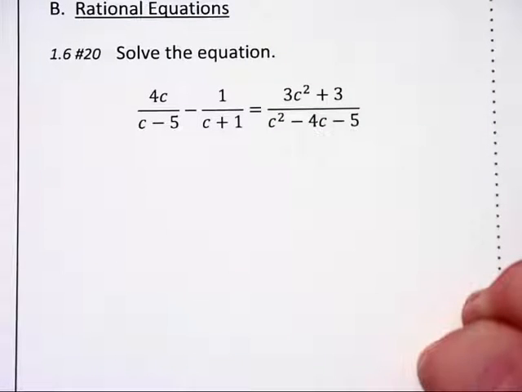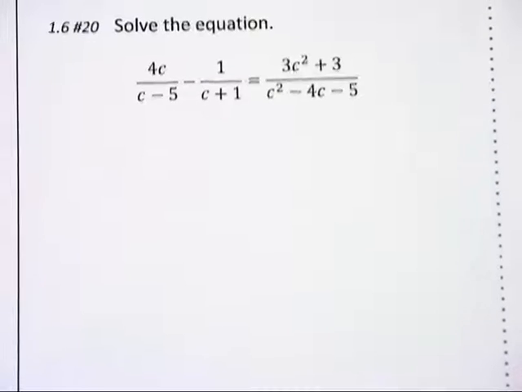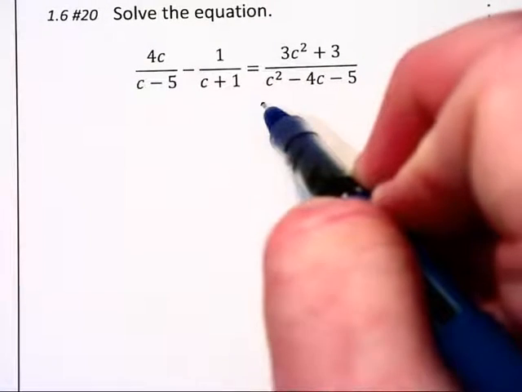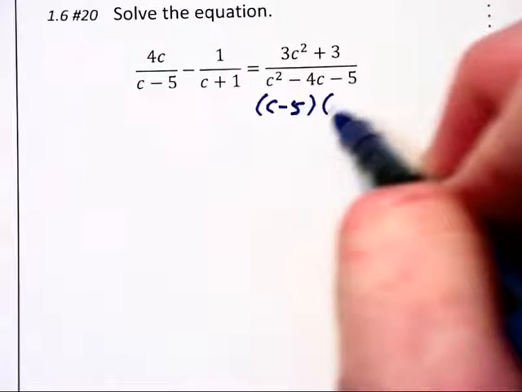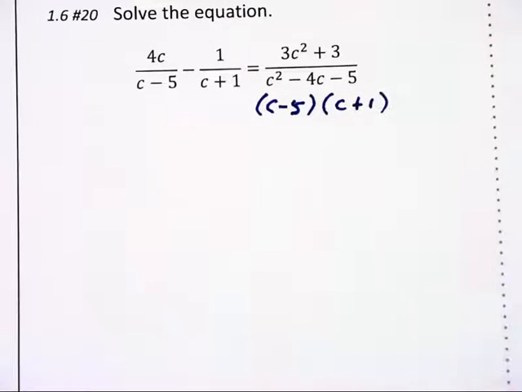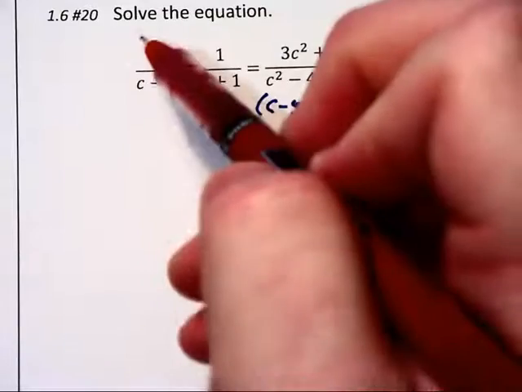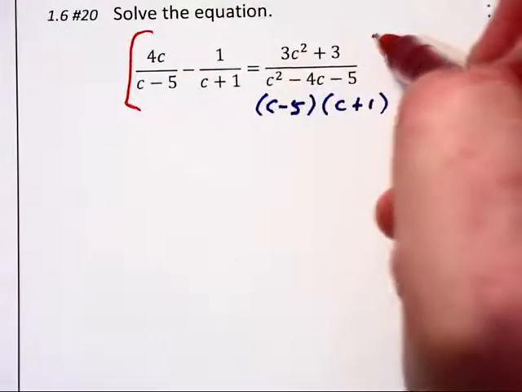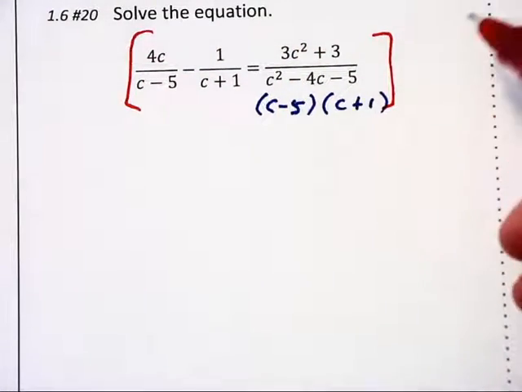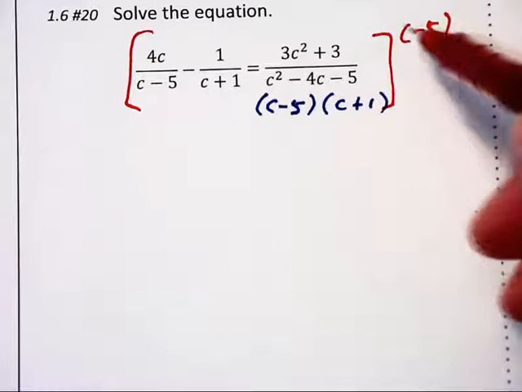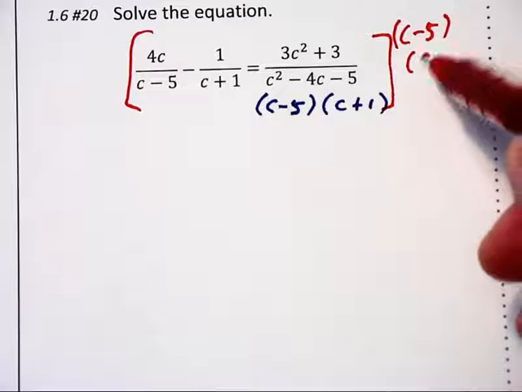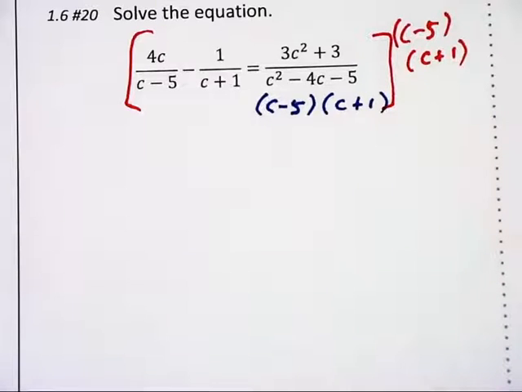This next equation is a rational equation, and we begin by factoring this third denominator, and we notice that it is the product of the other two denominators. So we want to clear the fractions by multiplying through on each side by the least common denominator, which turns out to be this third denominator, c minus 5 times c plus 1.